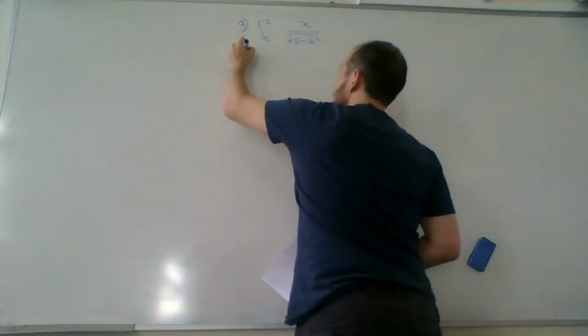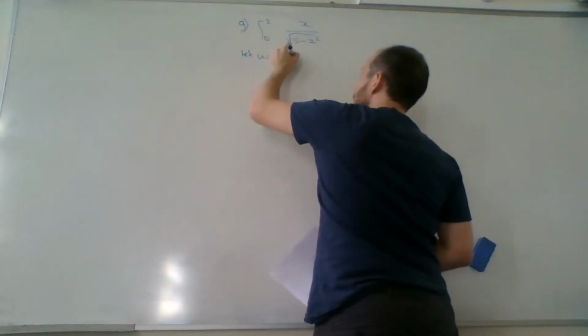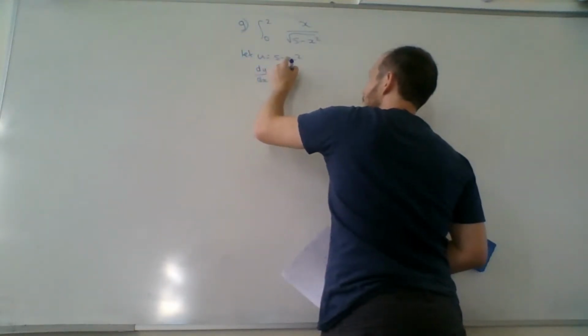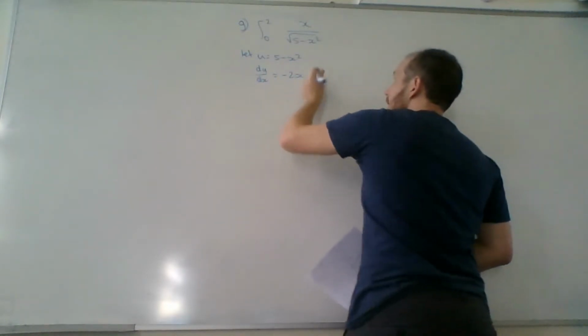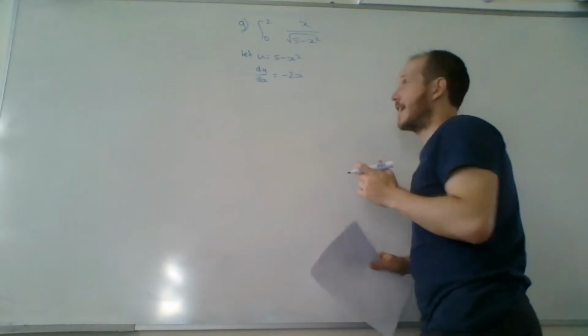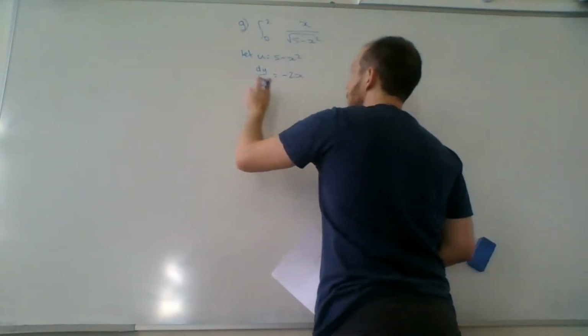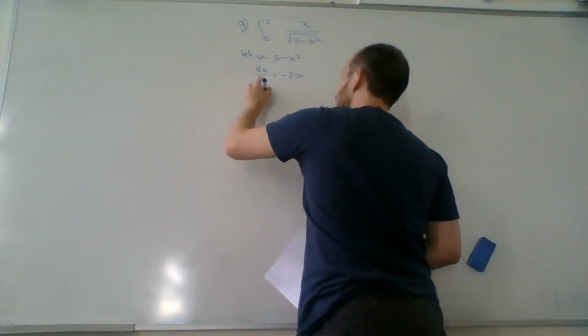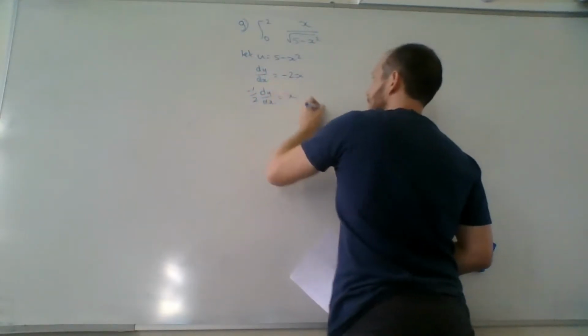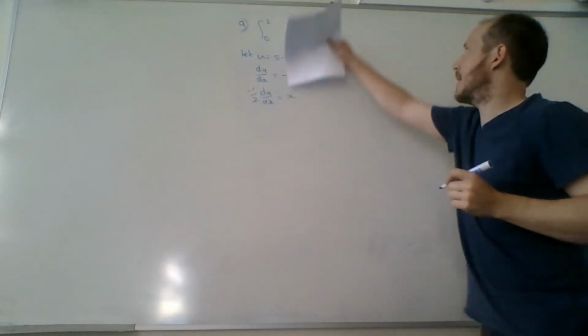So I'm going to say let u equal 5 minus x squared, du dx equals minus 2x. And this time they're not equal. So we need to remove a factor. If we divide both sides by minus 2, we get minus a half du dx equals x, which is the part we want.